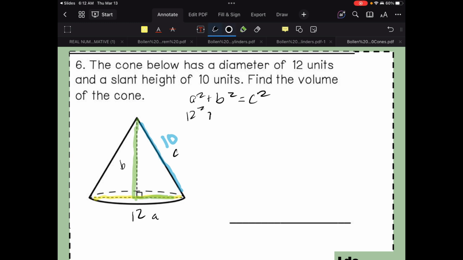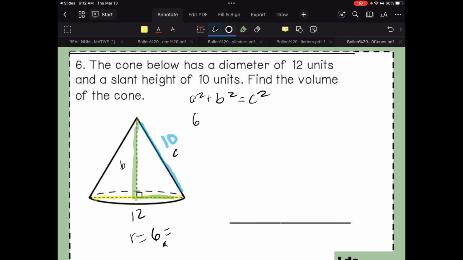So r would be equal to 6. So our radius, or our part of our a here, is 6. So not b, a. That's our a. So we have not 12 squared.